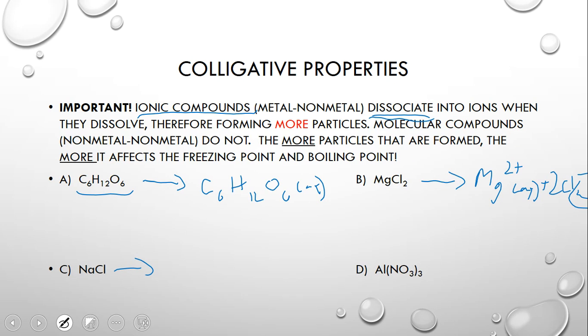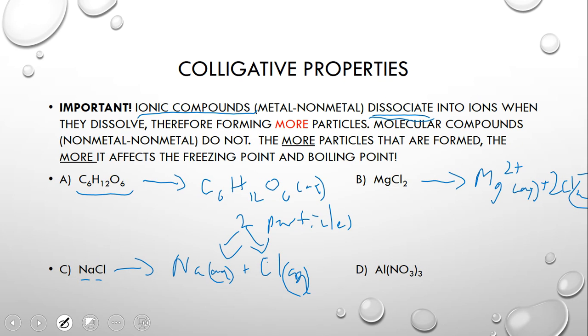NaCl, when you dissolve that into water, because it's ionic, metal, non-metal, you're going to get 1 Na+ aqueous and 1 Cl- aqueous, and that's going to be 2. So here, look, you have two particles for the price of 1 because it dissolved and broke up into 2 particles. Here's aluminum nitrate.